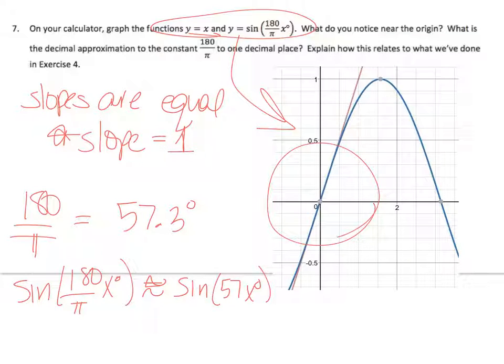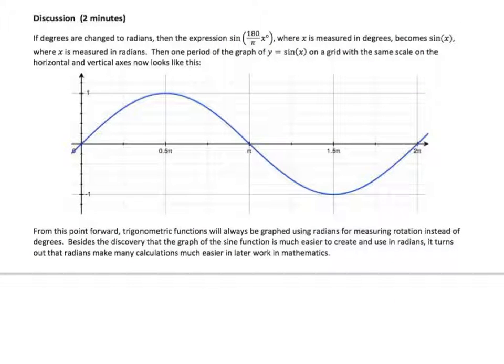This is what we were looking for in exercise 4. If degrees are changed to radians, then the expression sine of 180 over pi x, where x is measured in degrees, becomes just plain old sine x, where x is measured in radians.